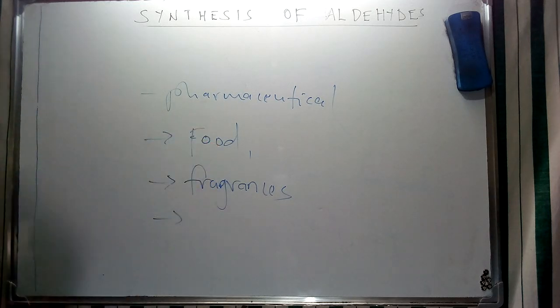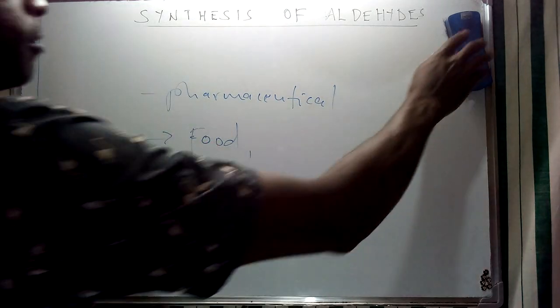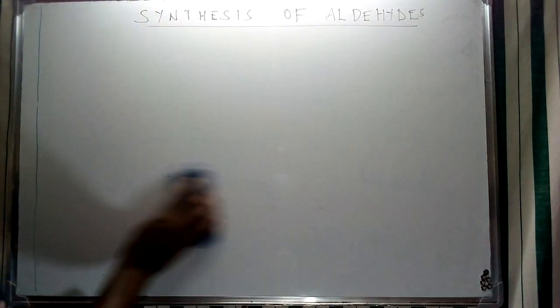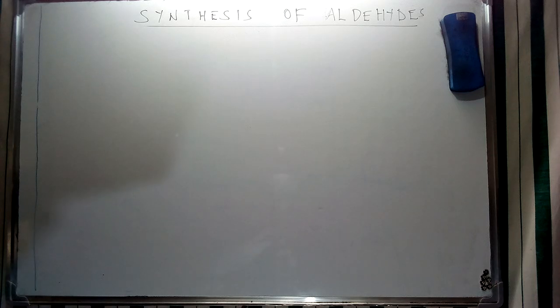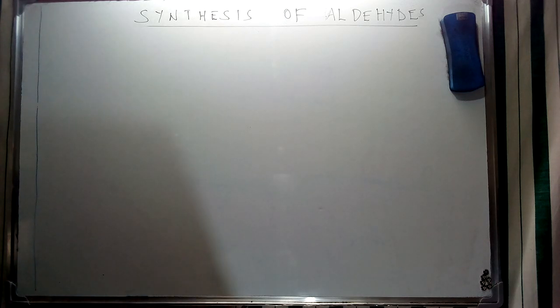That necessitates us to mention a few of their applications. So I'm going to use an illustration through an example, and we'll try to see how we can achieve this class of organic compounds that we refer to as aldehydes.